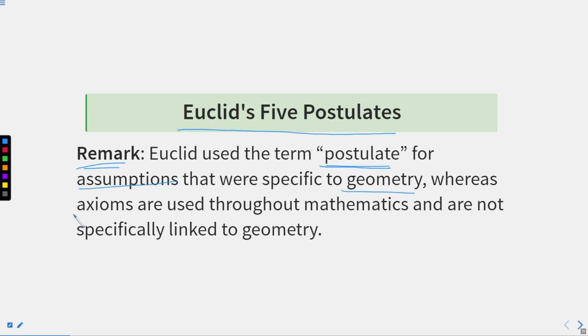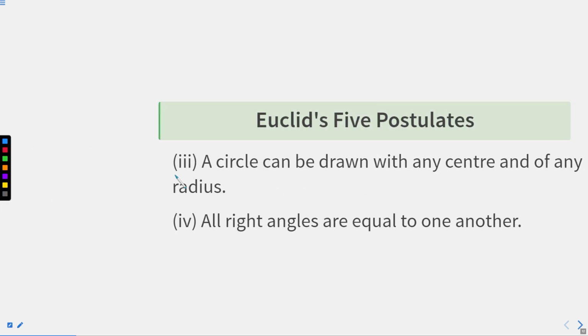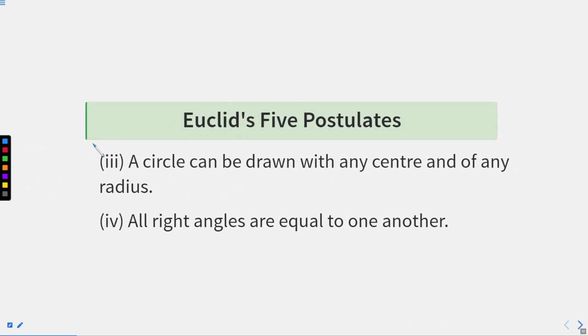Whereas axioms are used throughout mathematics and are not specifically linked to geometry. So the main difference is that axioms are all over mathematics, while postulates are specific to geometry, used by Euclid. Okay, so now let's move to the third postulate of Euclid.